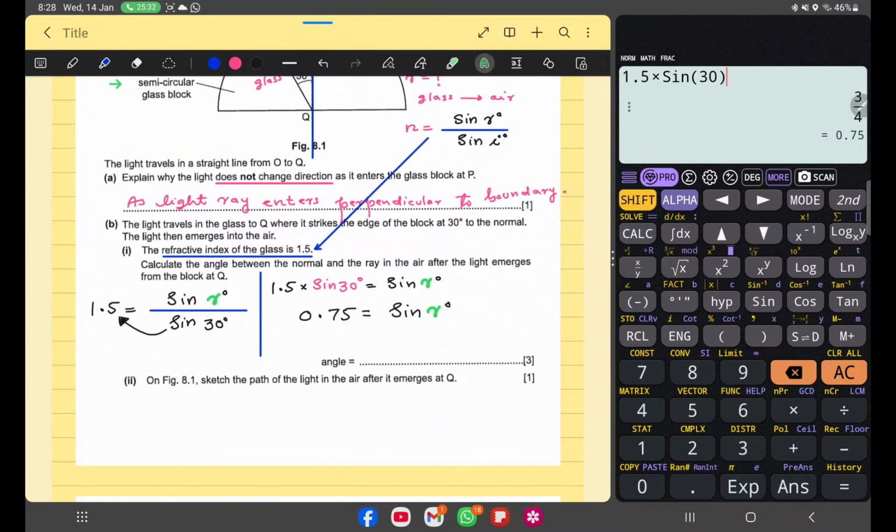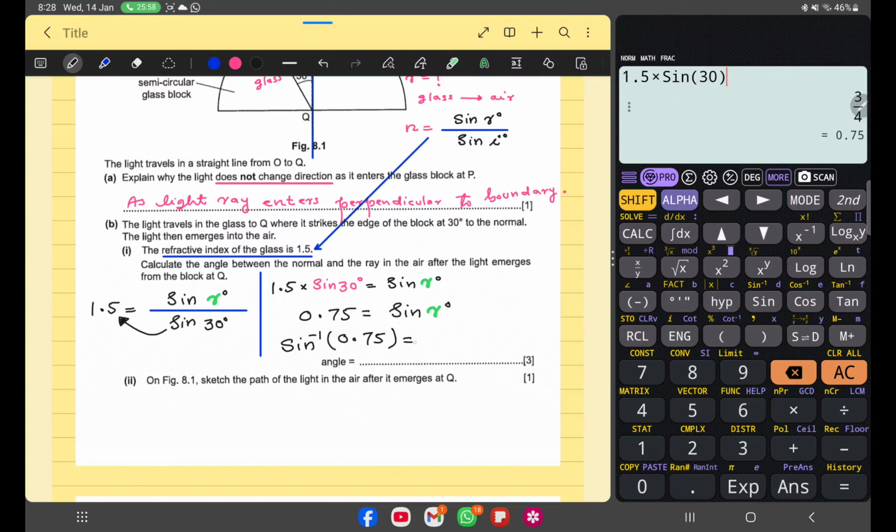You have to calculate angle R. Amna, can you tell me, if you are given sine R, then how do you calculate angle R? Yes, this sine becomes sine inverse.